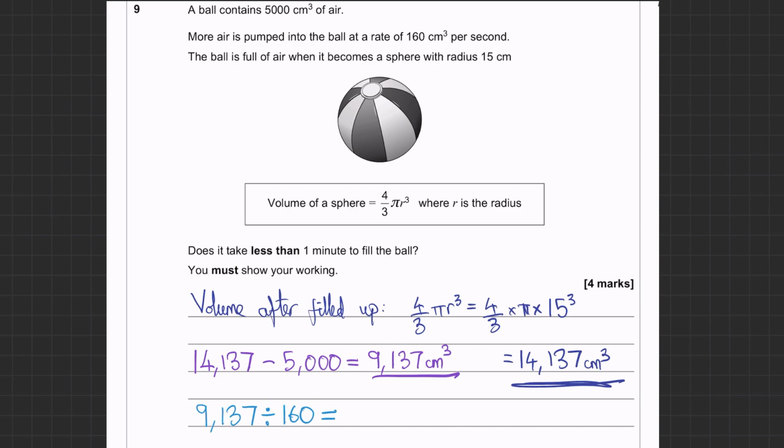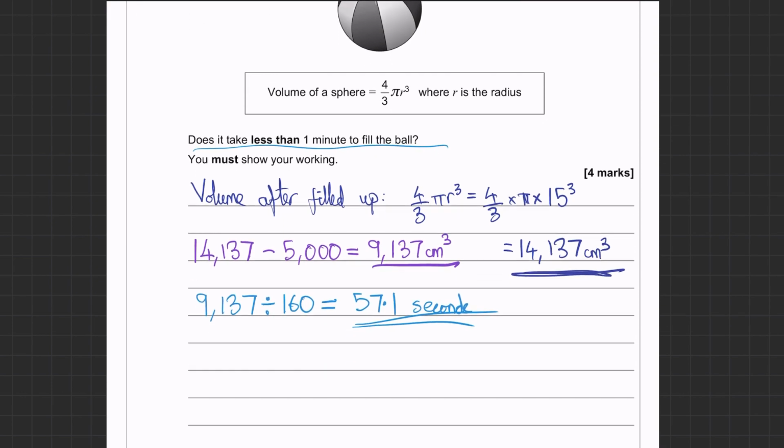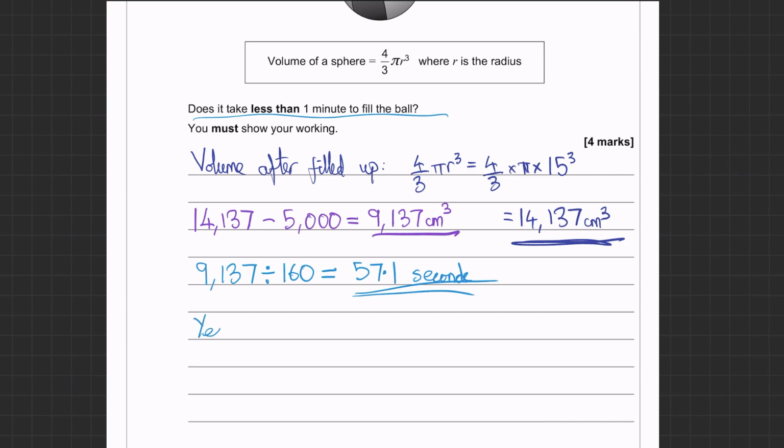Put that into your calculator, and that will give us 57.1, and that will be seconds, because it's the amount of time it will take to do it. So 57.1 seconds is the amount of time it will take. And our question is, does it take less than 1 minute to fill the ball? And our answer is yes, it takes less than 1 minute.